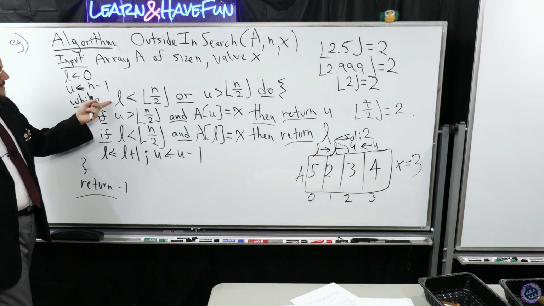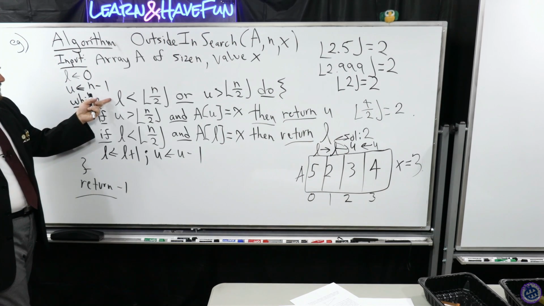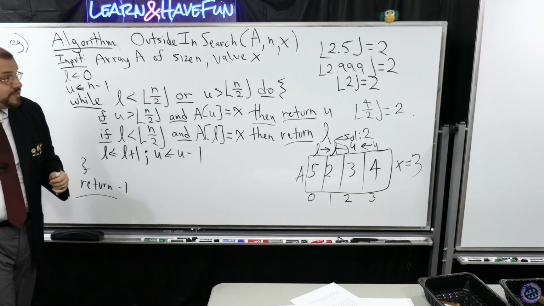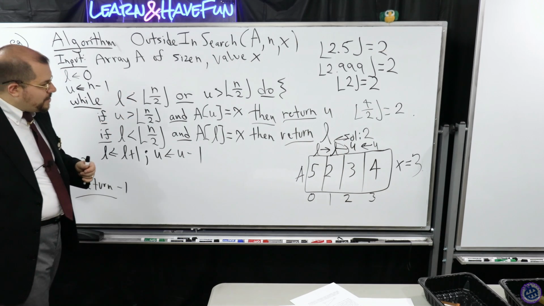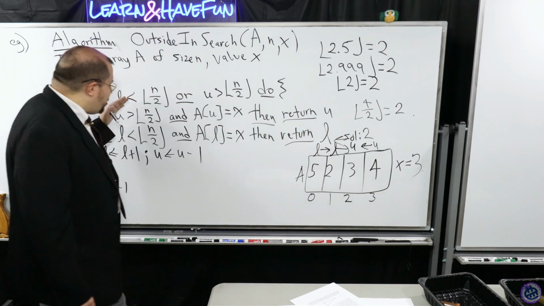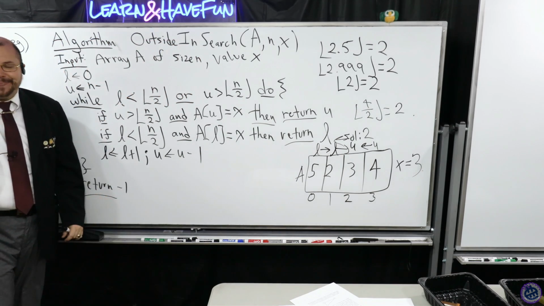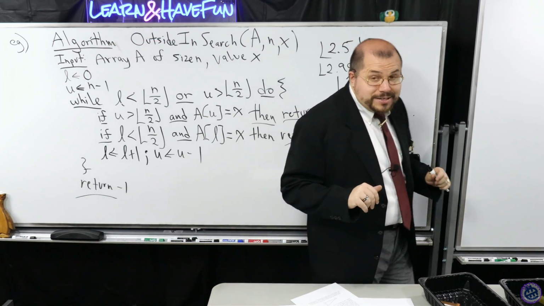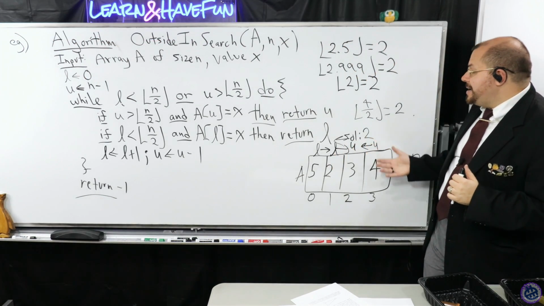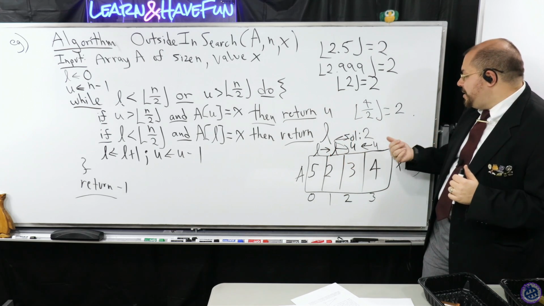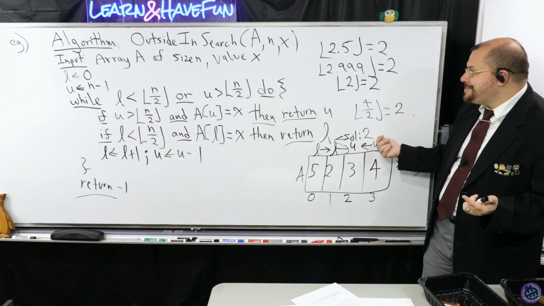But now you look at this and say, okay, well, is L less than the floor of n over 2? The answer is no, it's not anymore, because it's equal to the floor of n over 2. So it will not proceed to the next iteration of this loop. The problem we have with our algorithm, if this counterexample makes sense, is that in this case it's going to return -1 as opposed to returning 2, which is what you should expect.